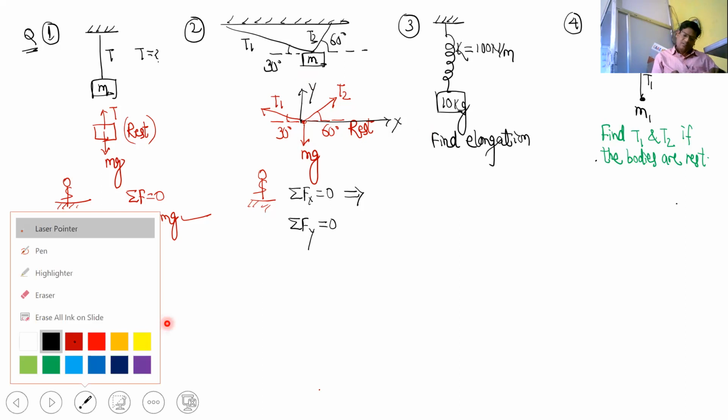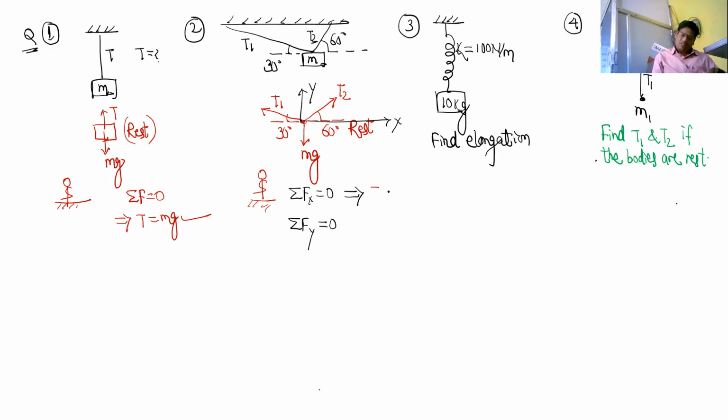So in x direction, T2 cos 60 equal to T1 cos 30. So this is one equation. Cos 60 means half, and cos 30 means root 3 by 2. So we get T2 equal to root 3 T1. Now, net force in y direction is zero.